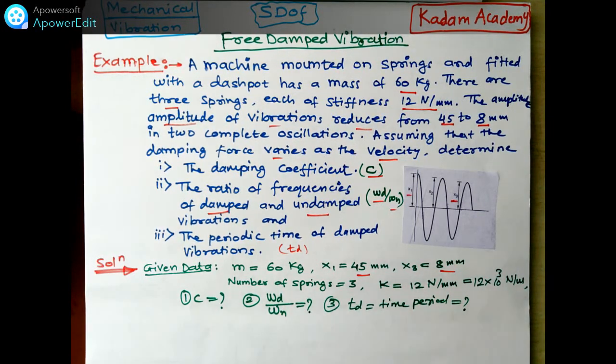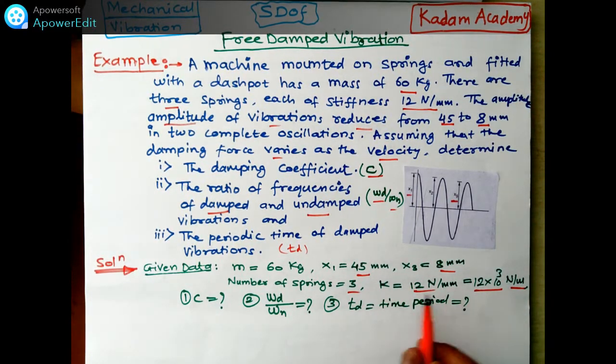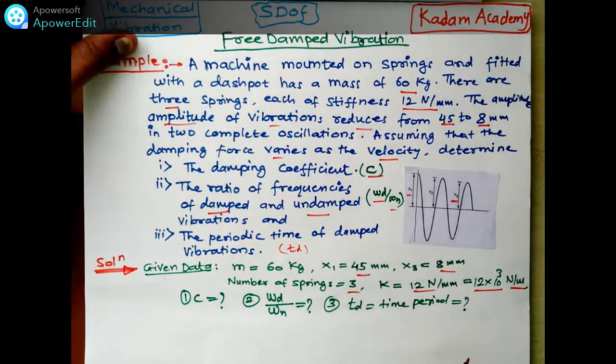How many springs are there? 3 springs, with each spring having stiffness 12 Newton per millimeter. So we have to convert it into 12 into 10 to the power 3 Newton per meter. That is important. Why is it required to convert? Because all the dimensions we have to convert into one single unit.